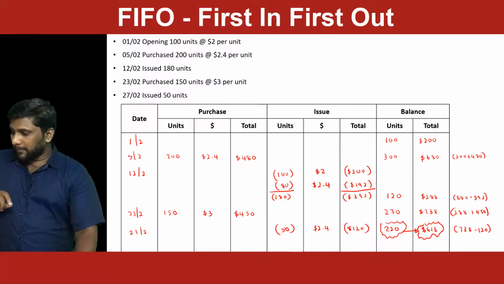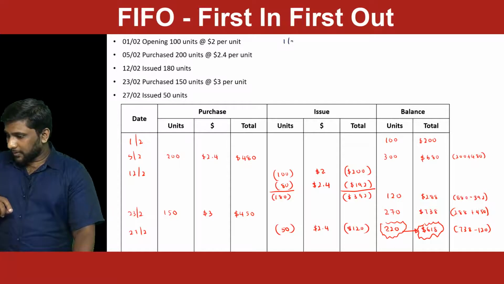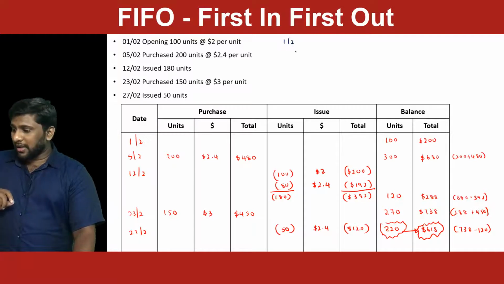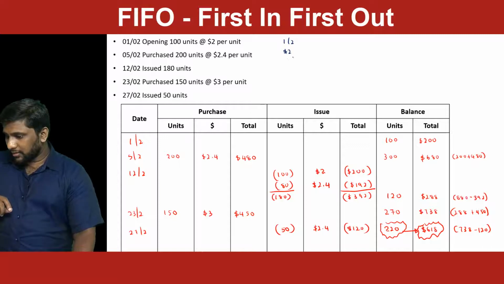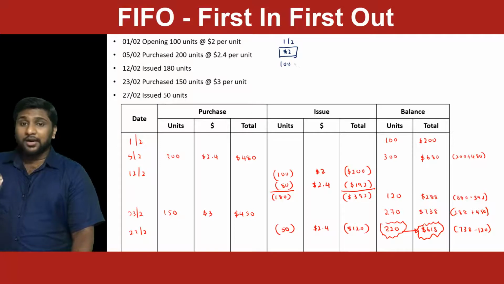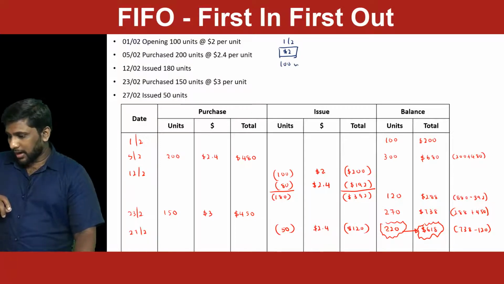1st February, if you take, how many units are there? $2 worth, 100 units are there. So I'll take this one as a basket. Inside this $2 worth basket, how many units are there? Inside this $2 worth basket, 100 units are there. Then what's happening?